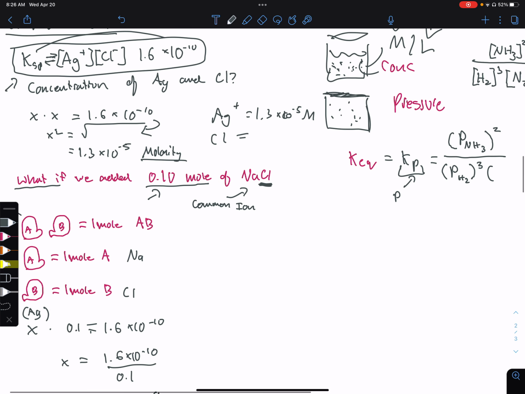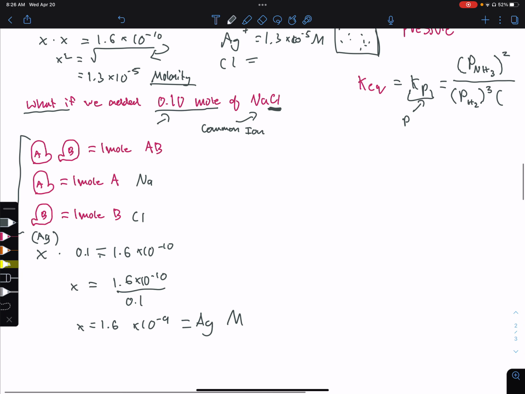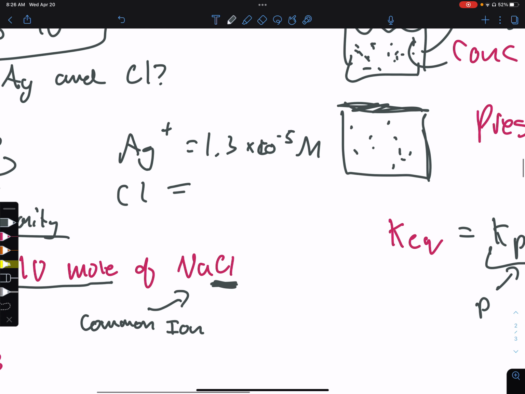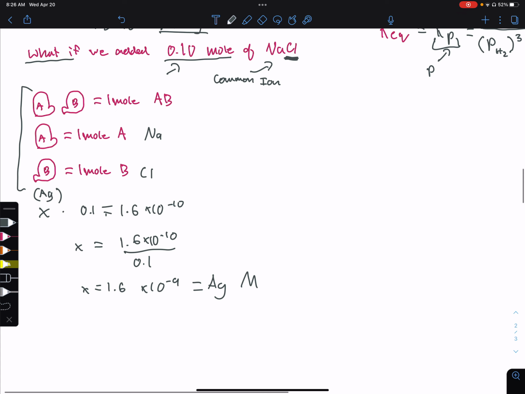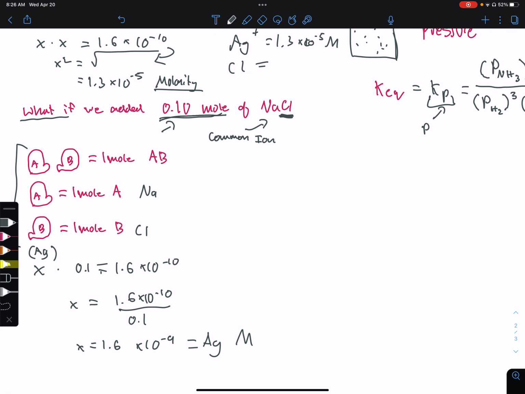So very clearly we can see that this molarity for silver is very different from what we had originally. In fact, it's much smaller. This is just what happens when you add a little bit of moles of Cl. And if we did this for chlorine, it would have the same effect.